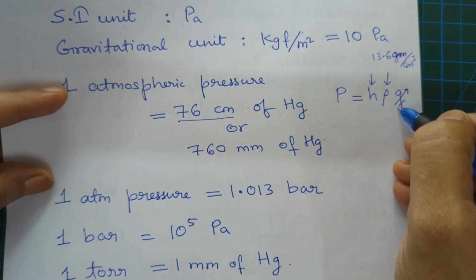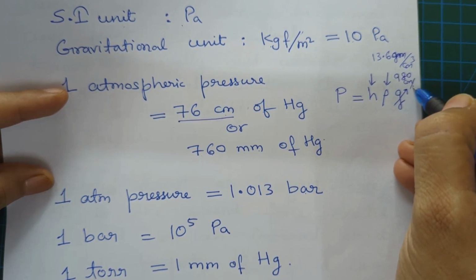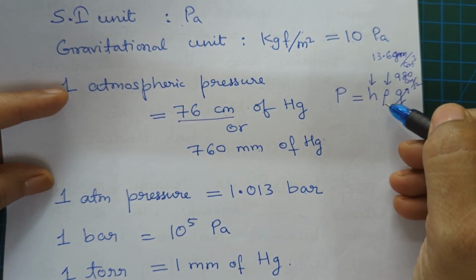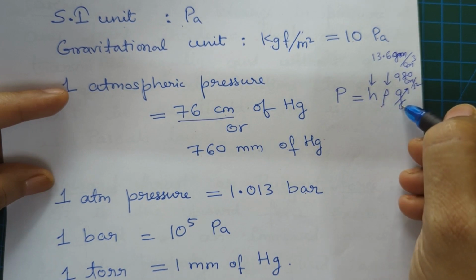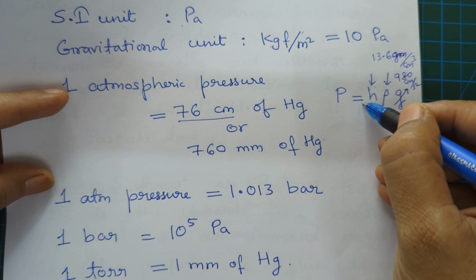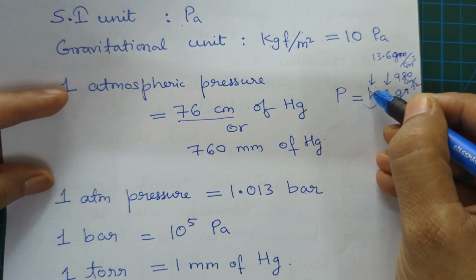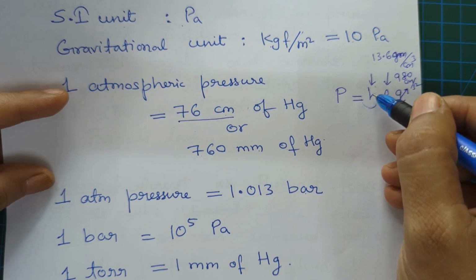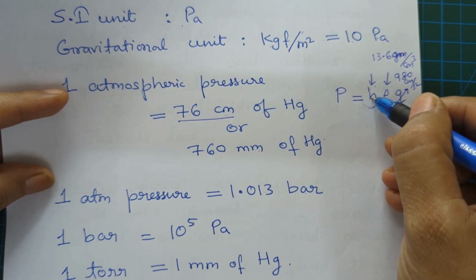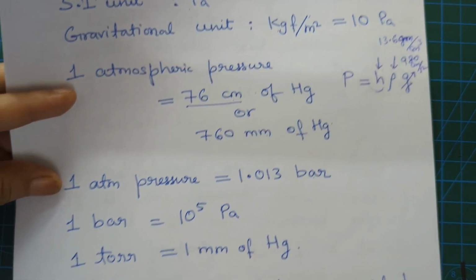G in CGS unit is 980 centimeter per second square. That means density of mercury is a constant, G of earth is a constant. If we just read in the barometer the height to which the mercury level has risen or fallen, that H, we can calculate pressure. So 1 atmospheric pressure is calculated in that way.